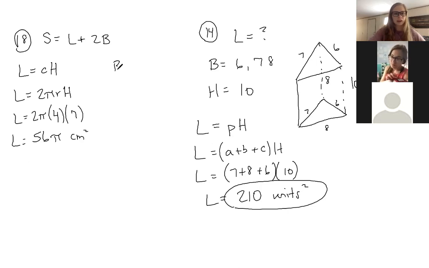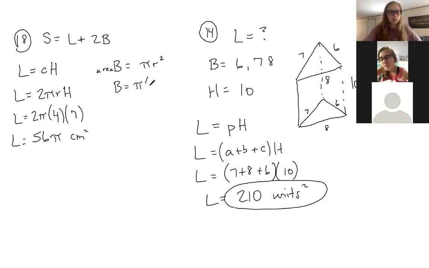Now let's come up here and find the area of the base. Well, what kind of image is my base? It's a circle. So in order to find the area of the base, I need the area of the circle, which is pi r squared. My radius, we already said, was 4. So the area of one of the bases is 16 pi.